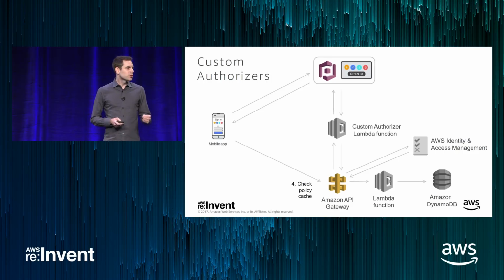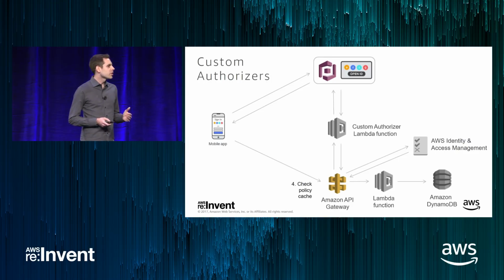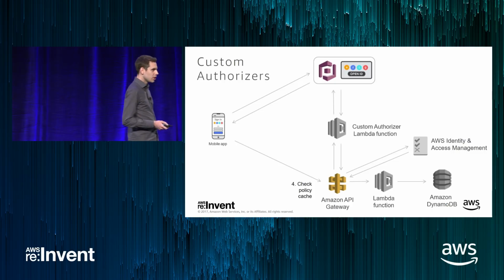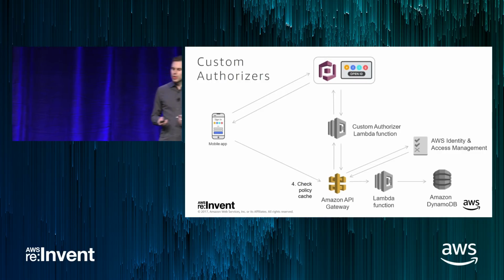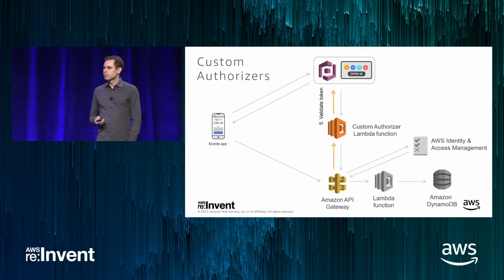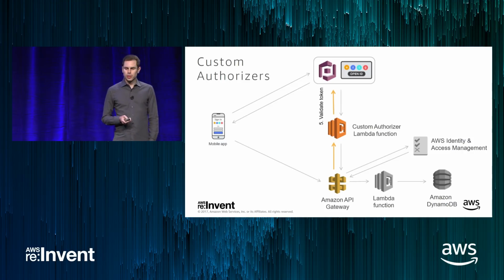API Gateway checks its own local cache to see if, for that token, we have a known valid policy for the user, an effective policy defined via IAM. If it doesn't know who they are, it invokes the Lambda function, which is your custom authorizer Lambda function.